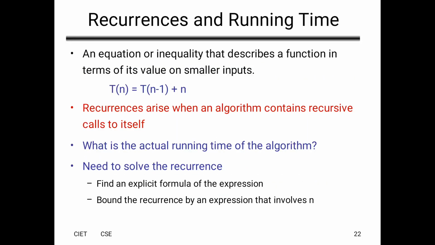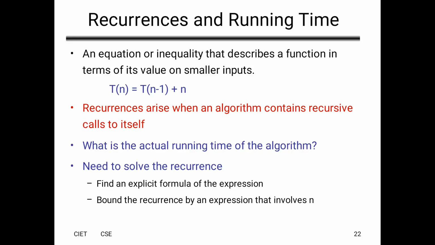A recurrence is an equation or an inequality that describes a function in terms of its values on smaller inputs. First of all, we take a problem, which is divided into two sub problems, and then we conquer the sub problems, combining them as one, so the final result will be obtained. Taking smaller inputs to solve a problem is called a recurrence.